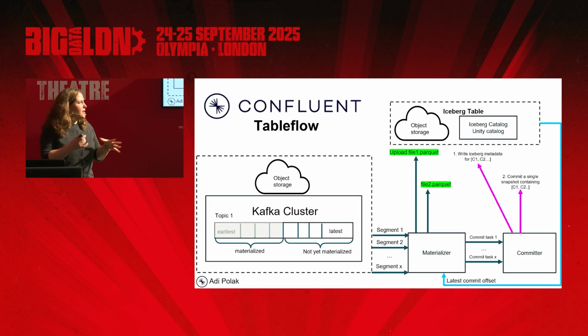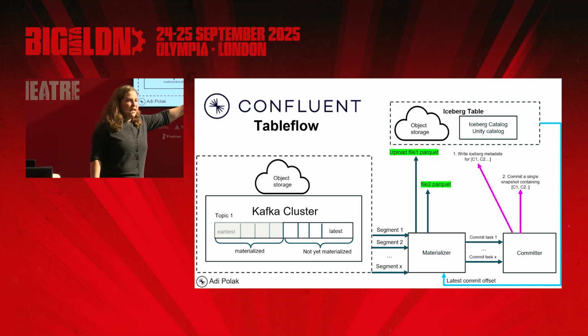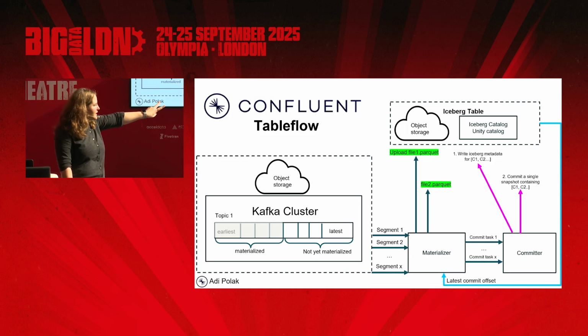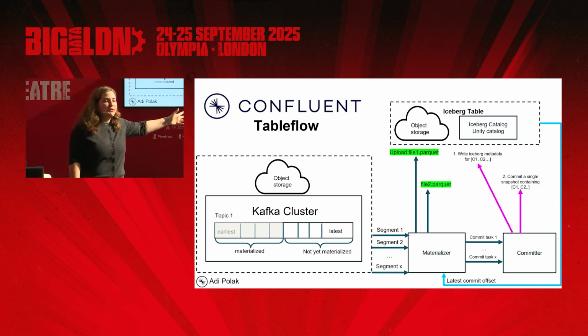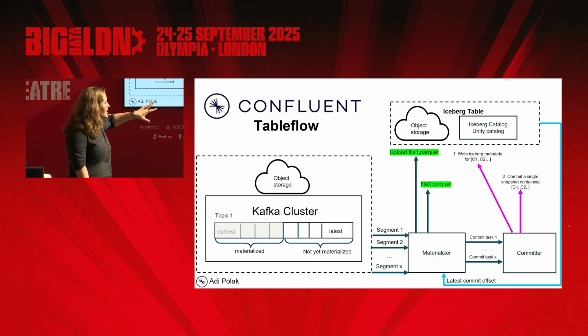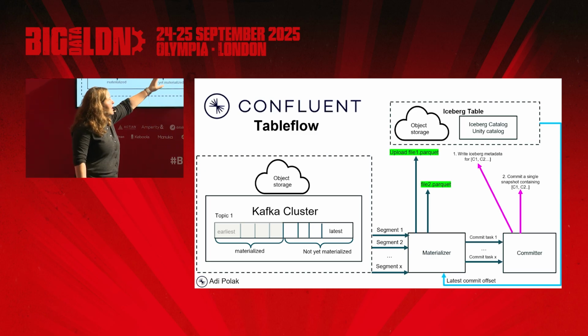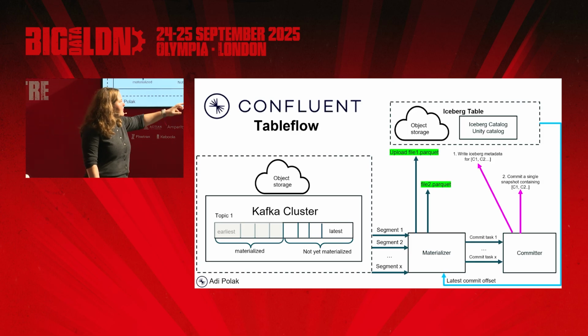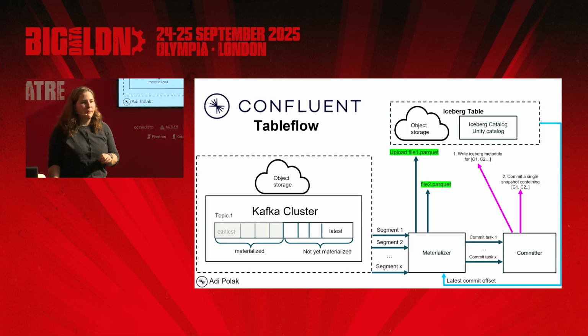So how did we connect all the things? You've seen TableFlow. We're now breaking it down. Inside my TableFlow, I have two services. One is the Materializer, like we talked about in the beginning, something that materializes my data and helps me understand what exists out there. It brings in the segment. It knows how to call my object storage. And then I have the committer, because I want to make sure that all the data was committed and written exactly once.